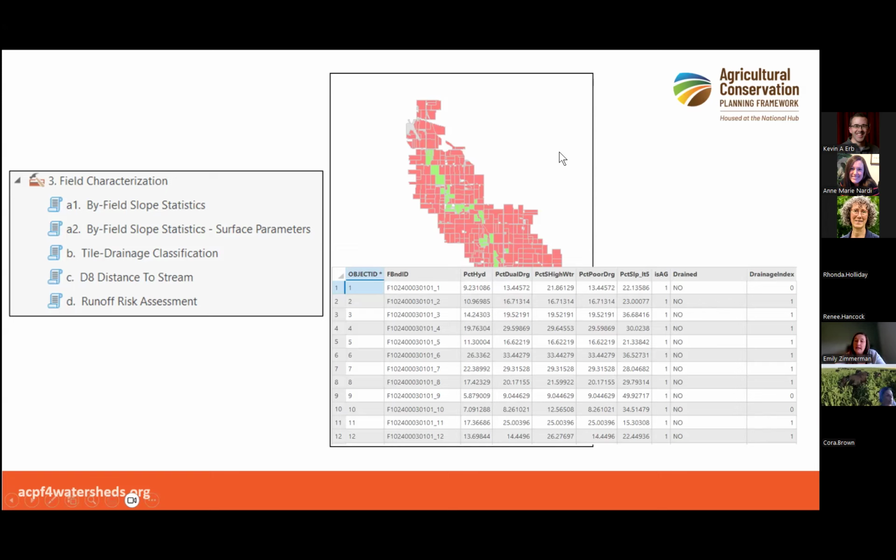The GIS technician does have to make some choices when we think about tile drainage. And I would encourage you that as you're going about this step, if you're not the person who's doing the GIS analysis, that you'd want to have a conversation about what kind of characteristics would lead you to believe that a field is tile drained in your particular watershed. So really having a chat about that would be a critical step.